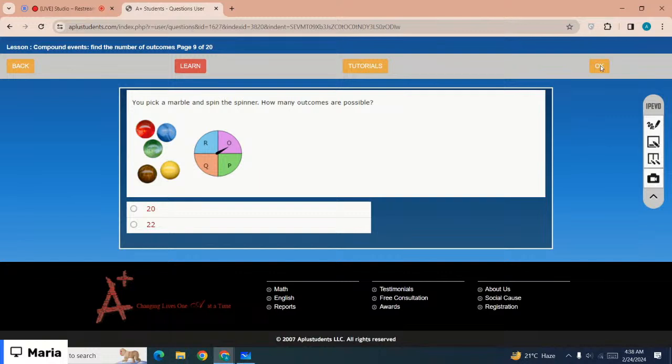You pick a marble and spin the spinner. How many outcomes are possible? Which is the correct option? That is 5 times 4. The correct option is 20.